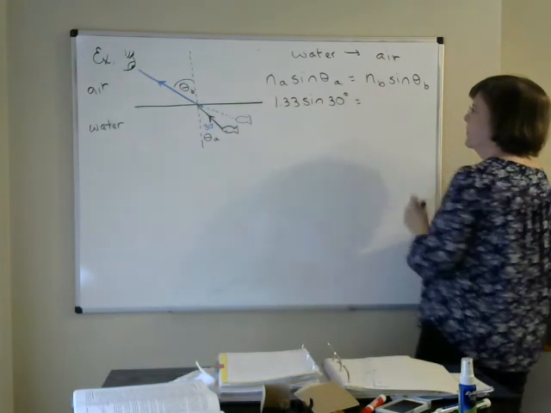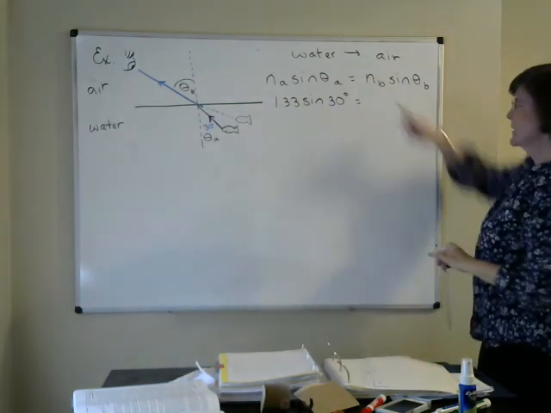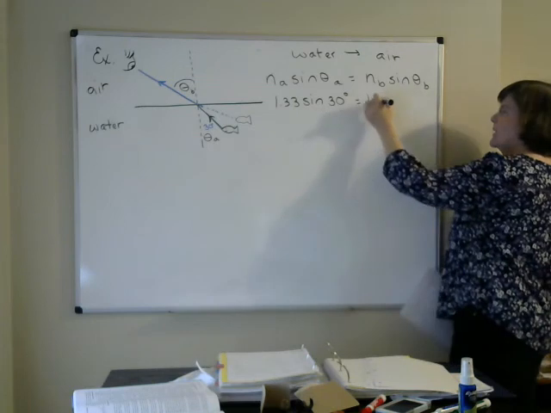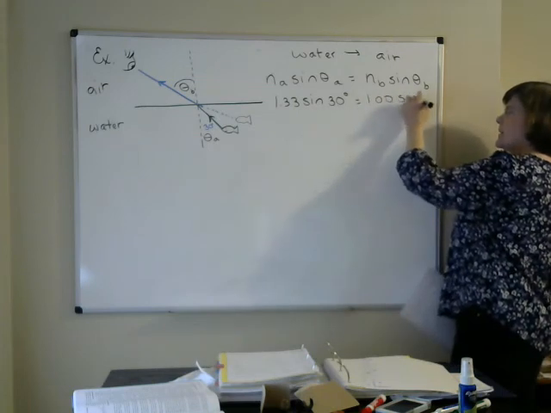That has to equal the index of refraction for air, which is the same as a vacuum, 1.00, times sine theta B.